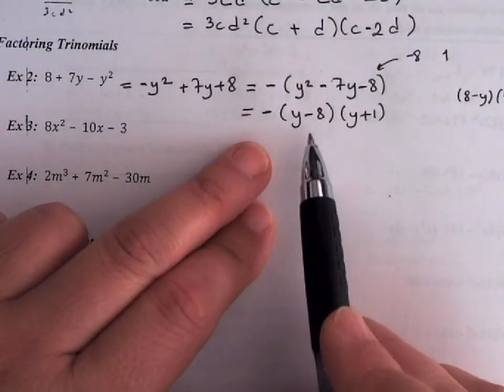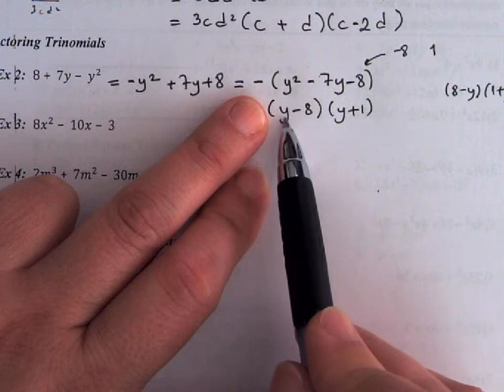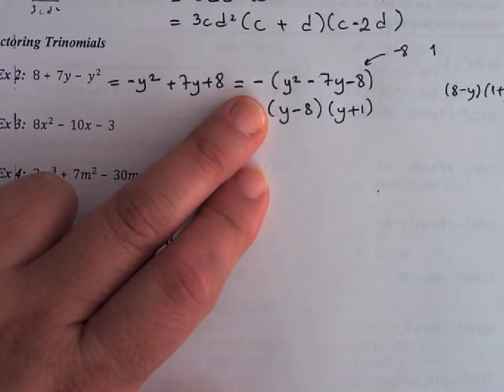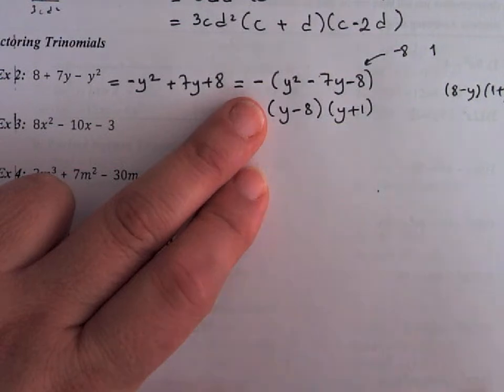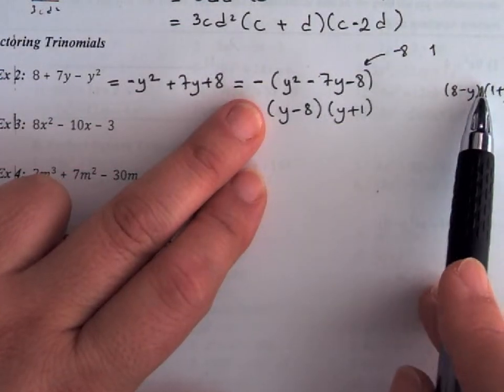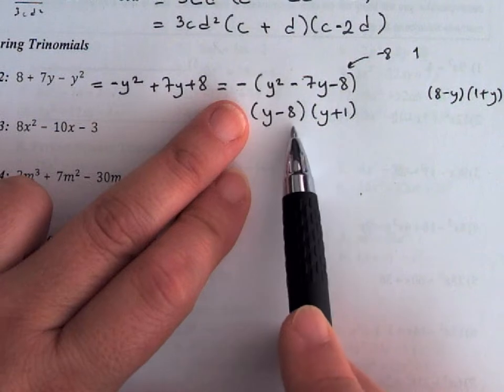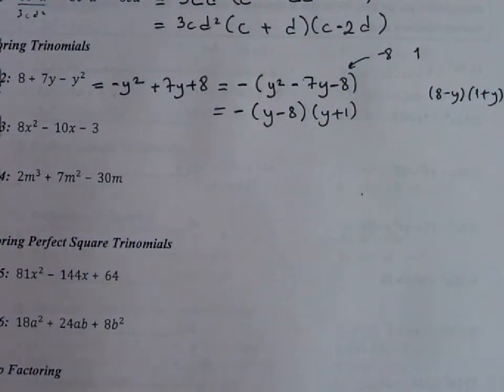When you look at the factors, we usually want the variable with a positive value in front of it, because later on, especially when we need to find the x-intercepts, it becomes much easier. It's not wrong, but this is much better in terms of seeing the factors and finding the x-intercepts.